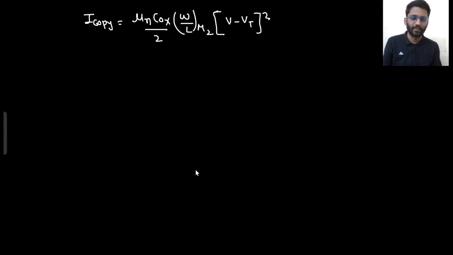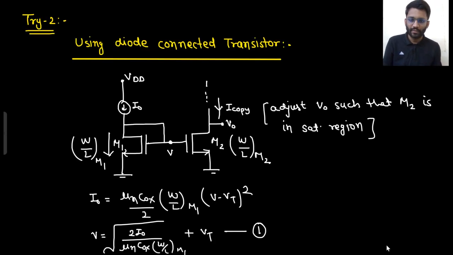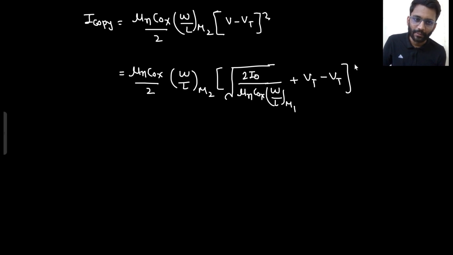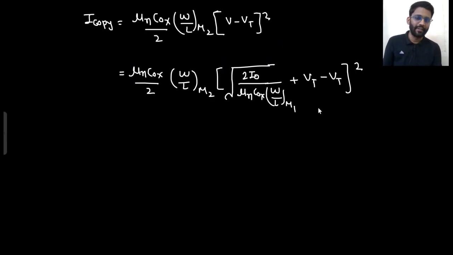V is root of 2 I naught upon mu n Cox W by L of M1, plus Vt. I replaced V here, nothing else. Vt will get cancelled, and this root will be cancelled by the square.